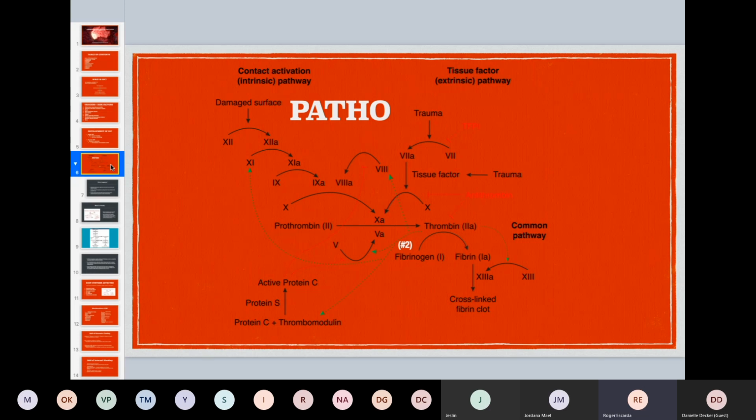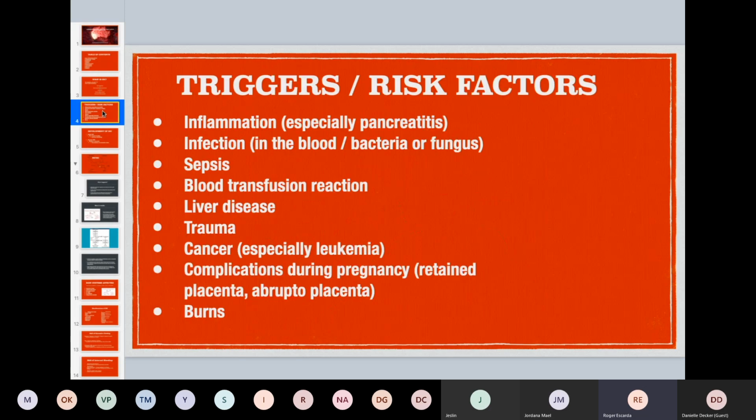So you have several injuries there on the risk factors. Let's say abruptio placenta, trauma, hemorrhage, burn. So all of these are severe injuries. So they will cause injury to the blood vessels, triggering the release of tissue factor, which will again trigger the clotting cascade.